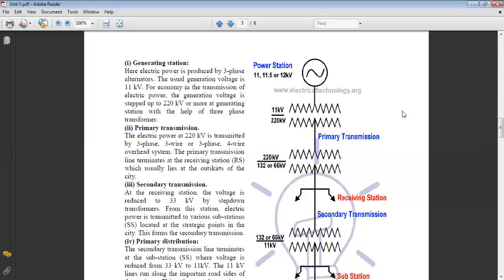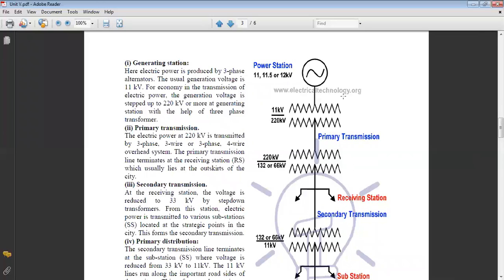Here the generated voltage is 11 kV with a high current, so the conductor area is higher. To reduce the transmission cost, we increase the voltage level so that the current is reduced. Clear? And if the current is reduced, then the cross-sectional area of the conductor will also be reduced. That is our objective here.